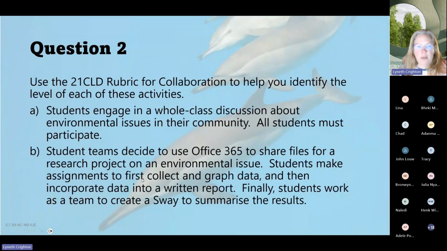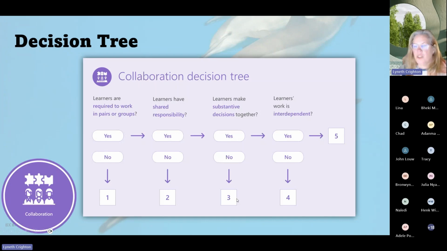So the second question is, do they have shared responsibility? They work together to collect data and graph it. They create a Sway to summarize results. Do you think they have shared responsibility? Thumbs up for yes, and surprise for no. Okay, do they make substantive decisions? Yes, thumbs up.